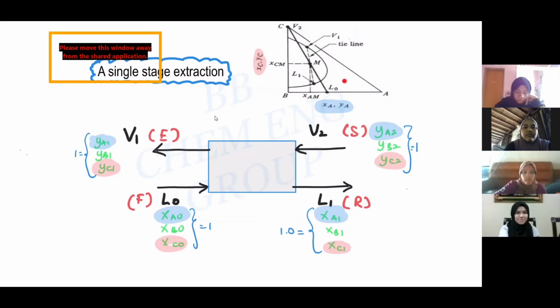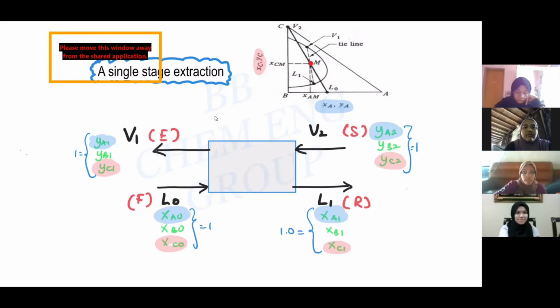One is to label the stream coordinates: V1, V2, L1, L0. And then you need to have the mixture coordinates, and the labels for the coordinates are XAM, XCM.